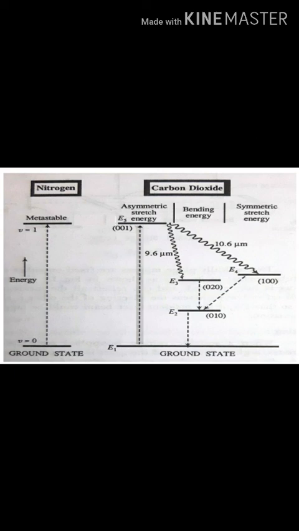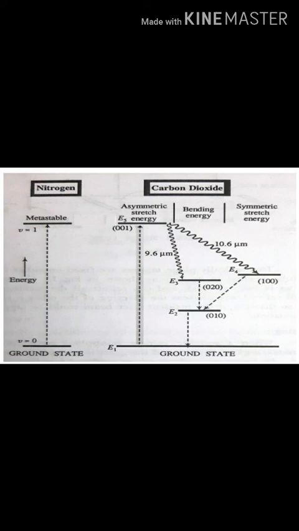Now the laser transitions are: the transition from E5 to E4 causes a 10.6 micrometer laser, and the transition from E5 to E3 causes a 9.6 micrometer laser. So these two are the laser beams or laser output. After these two transitions, CO2 molecules in the E4 and E3 levels keep colliding with the ground state molecules of carbon dioxide.